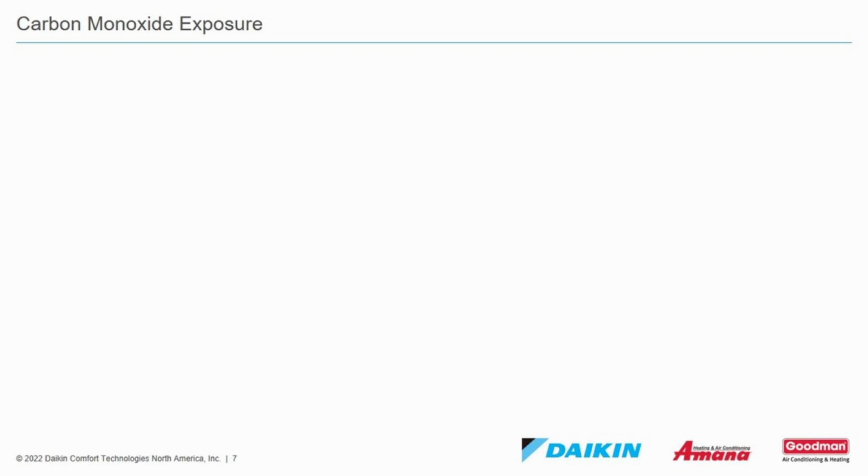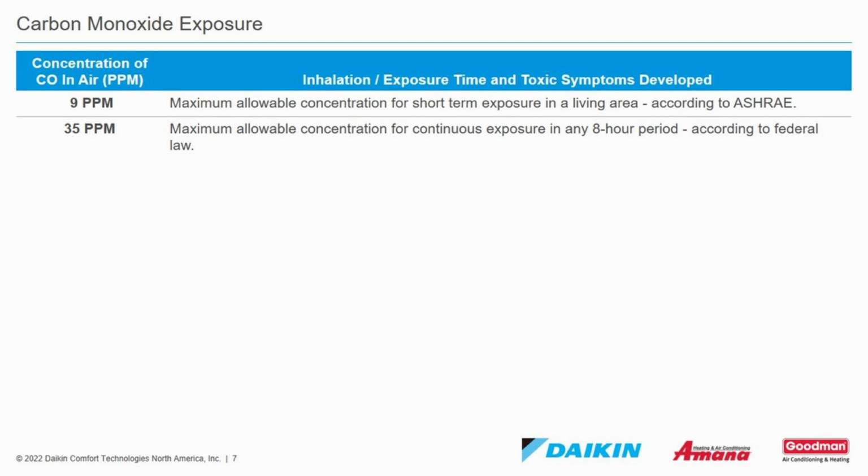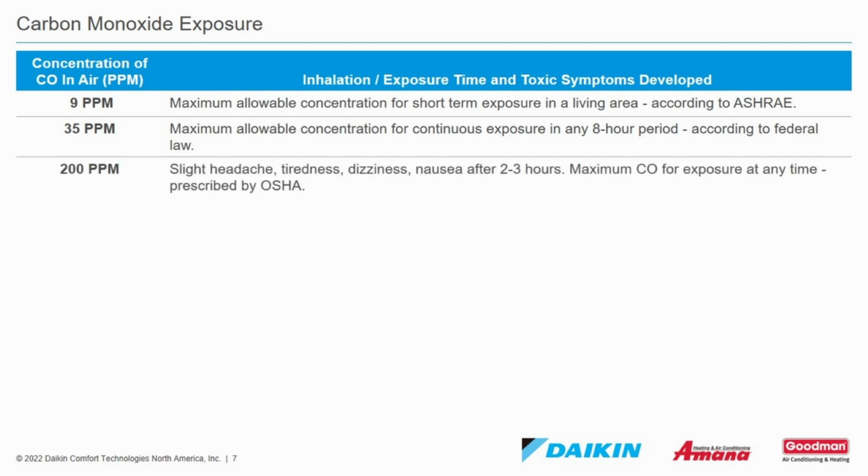Carbon monoxide exposure. As for the concentration of carbon monoxide in air, 9 parts per million is the maximum allowable concentration for short-term exposure in a living area, according to ASHRAE. 35 parts per million is the maximum allowable concentration for continuous exposure in any 8-hour period, according to federal law. 200 parts per million will give you a slight headache, tiredness, dizziness, and nausea after 2 to 3 hours.